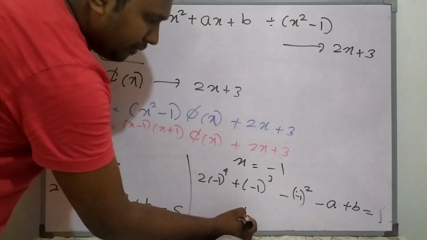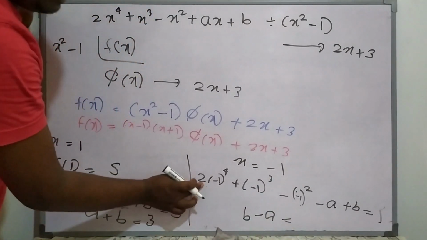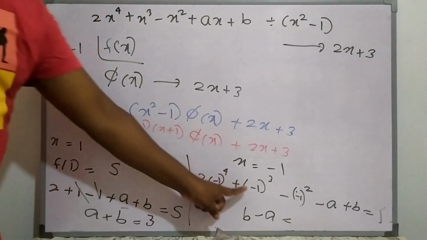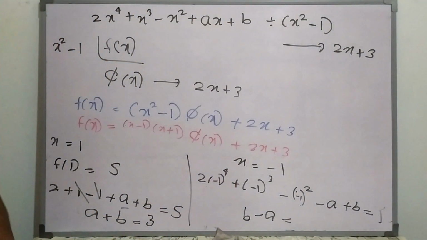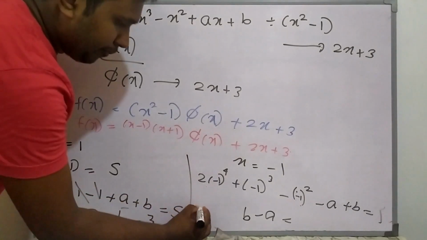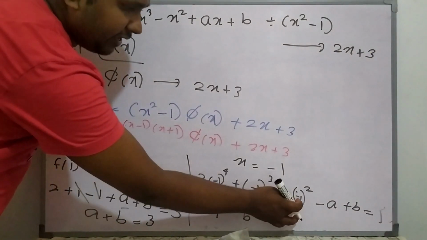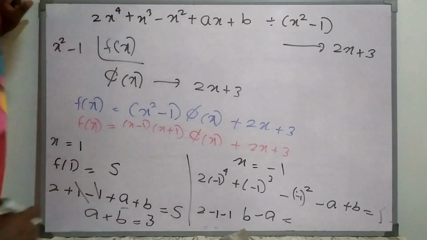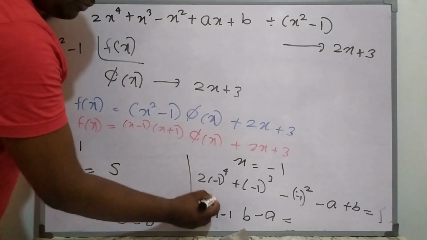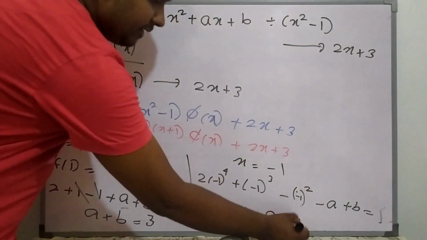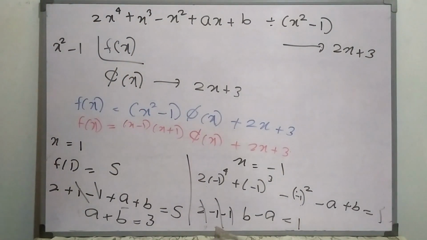So here b minus a, here is plus 2 minus 1 and also minus 1. This minus 2 will cancel, and here b minus a is 1. B minus a equal 1, a plus b equal 3.